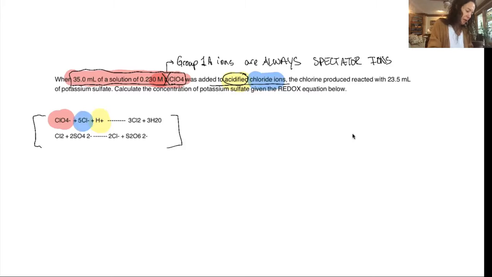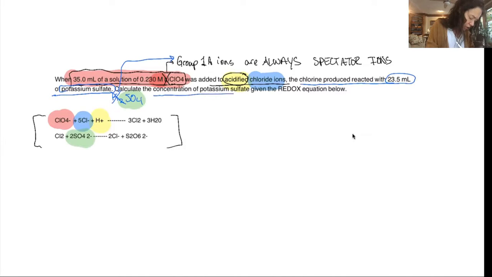Okay. The chlorine produced reacted with 23.5 milliliters of potassium sulfate, that's K2SO4. Potassium, once again, is a spectator ion. So all we see here is the SO4 2 negative right there.